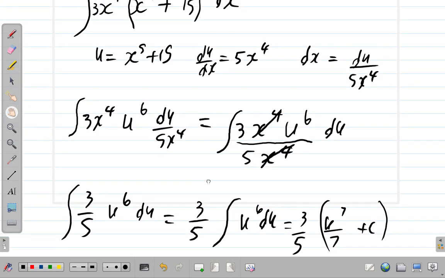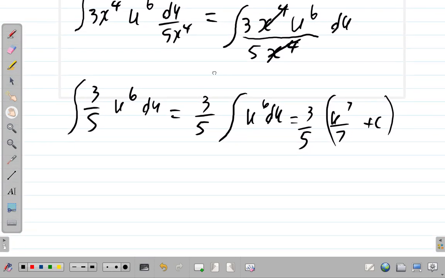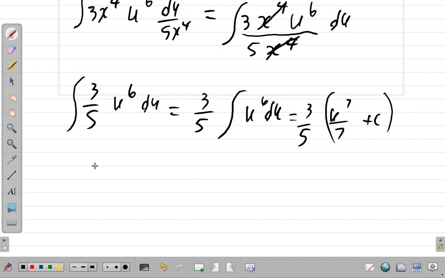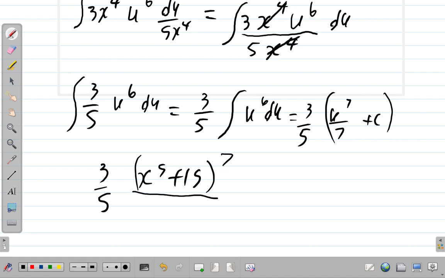U was x to the 5 plus 15. So we have 3/5 (x to the 5 plus 15), and that is raised to the power of 7 over 7.